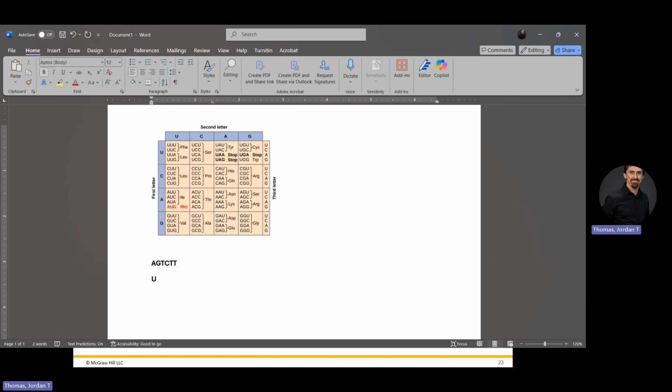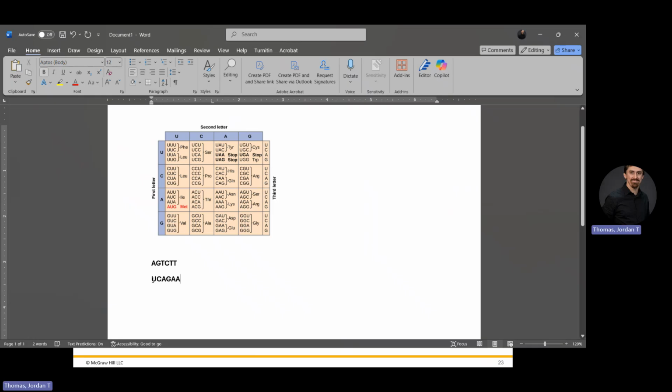G and C always go together, so G to C. T still goes with A. C goes with G. T, T goes with A, A.